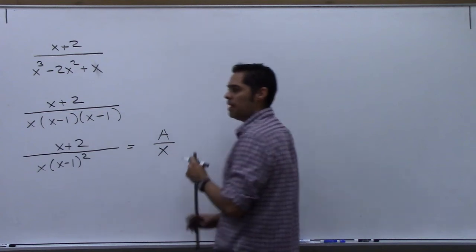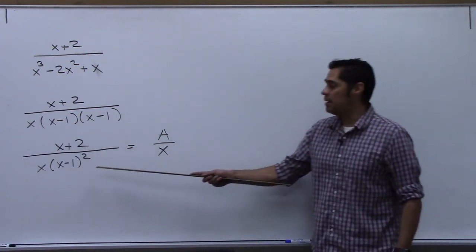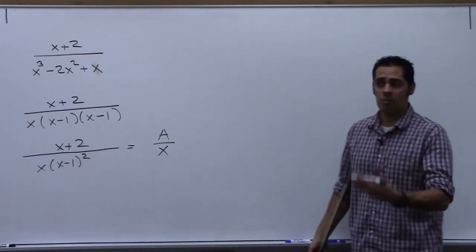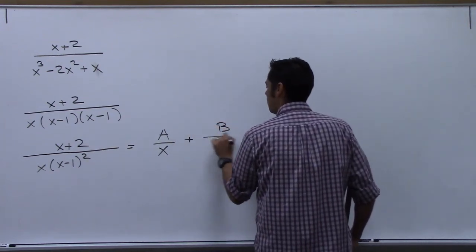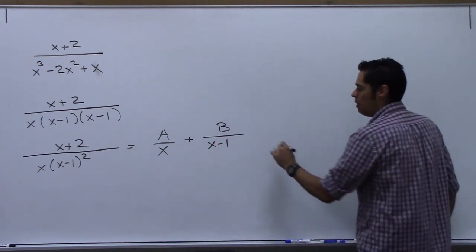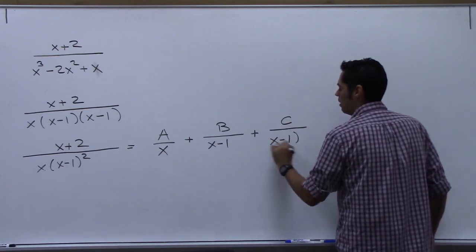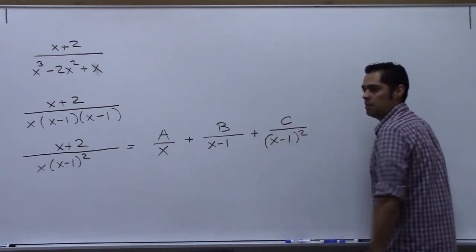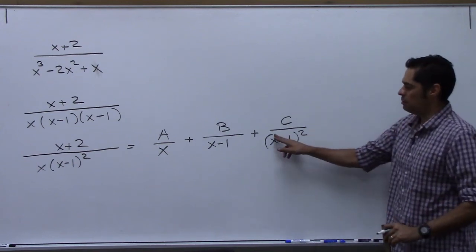But because the next one is repeated, that means squared, here's what you do. You do B over x minus 1 plus C over x minus 1 squared.